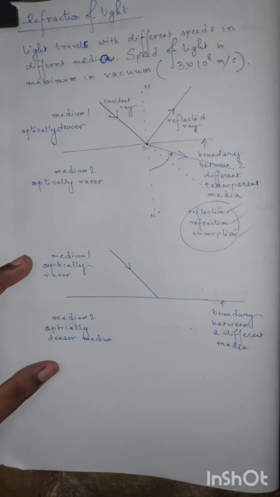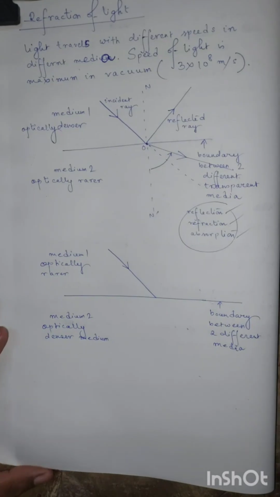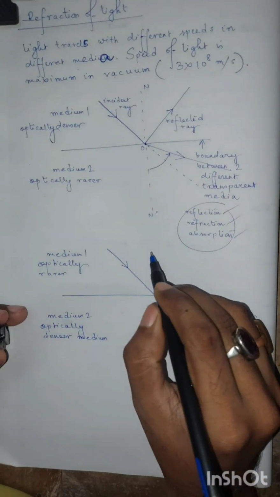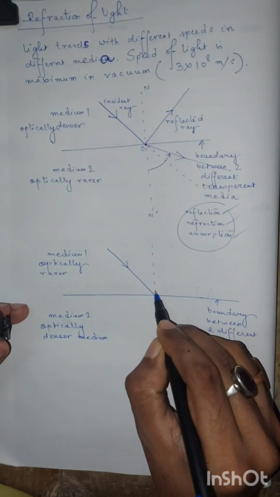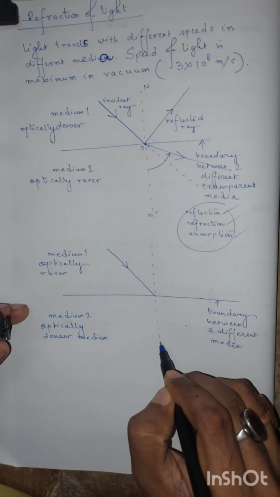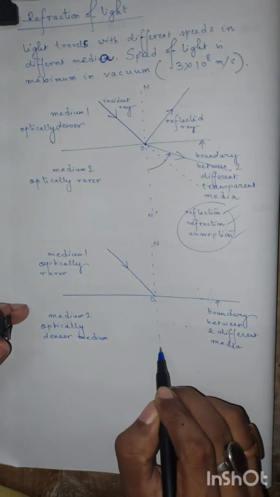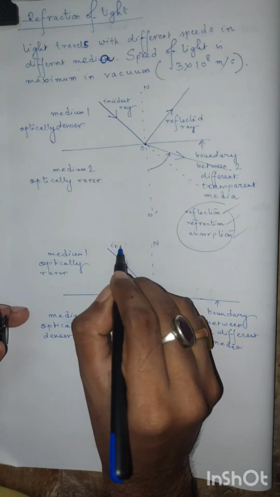This is exactly opposite to the first case. So if we draw a normal at the point of incidence, this is our point of incidence, this is our normal, this is our incident ray.